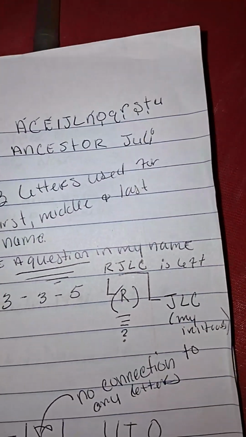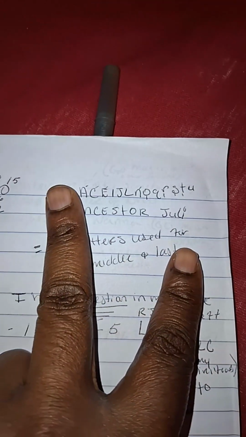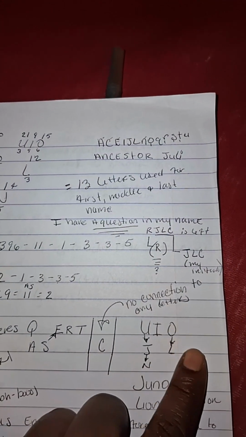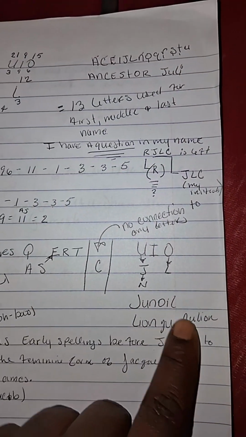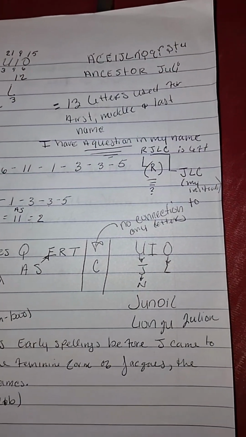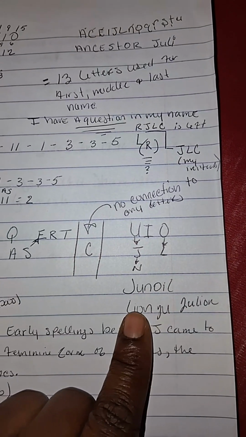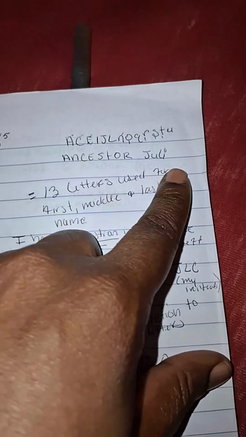So I was like, am I missing some names out of my letters? Because this matches. I spelled two things here, Ancestor Juli, with these 13 letters. And then down here, when I pulled out what was connected on the keyboard, this is what I got. I saw Julian, then I'm just messing around, like a June oil or a lion Jew. That's where the Julian came from.